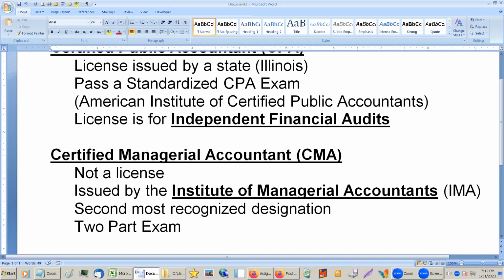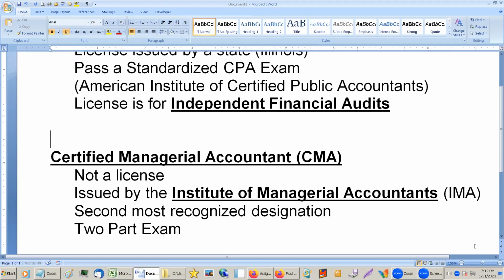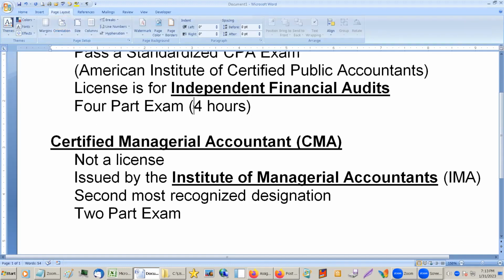And I don't know if they still do this, but I'll talk about it in a second. The CPA exam is a four-part exam. And these are usually 4 hours each. And you usually use all 4 hours.